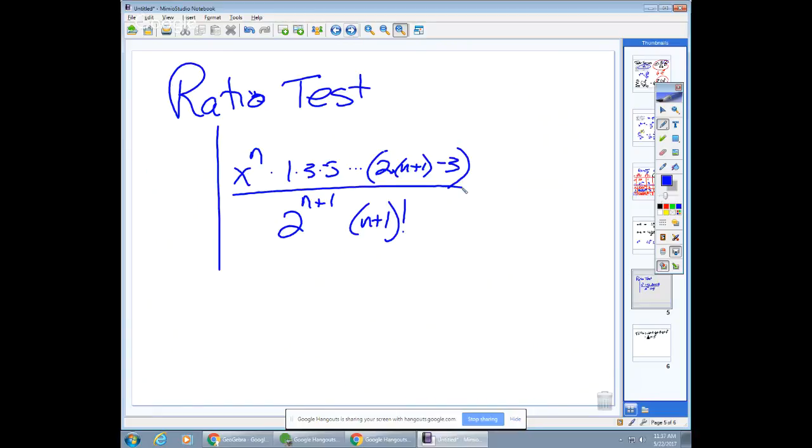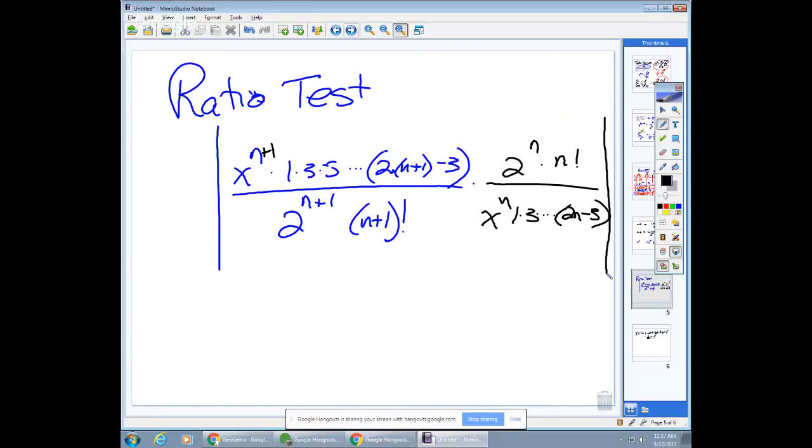And then we reciprocate that nth term we think we just found. So let's switch color. That's going to be a 2 to the n times n factorial over, oh, this was an x to the n plus 1, shouldn't it have been? Right there, because that's the n plus 1th term. And this is going to be the x to the n, 1 times 3, all the way up to 2n minus 3. And then close the absolute value.